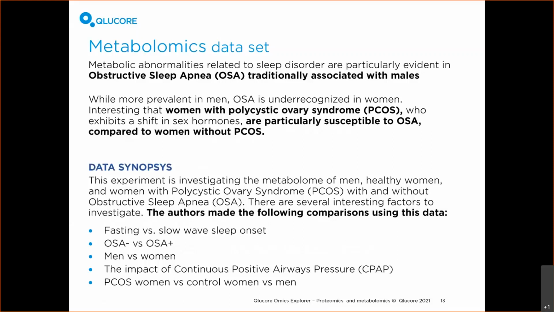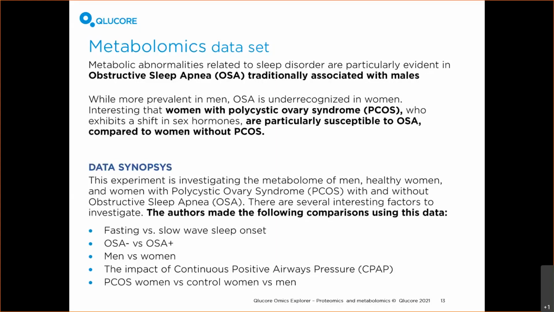Here we are concentrated also on obstructive sleep apnea, OSA, which is traditionally associated with males, but it's under-recognized in women. This study points out that women with polycystic ovary syndrome, PCOS, who exhibit a shift in sex hormones, are particularly susceptible to OSA compared to women without PCOS.